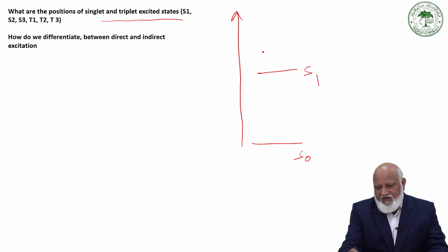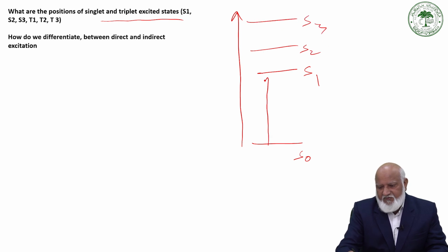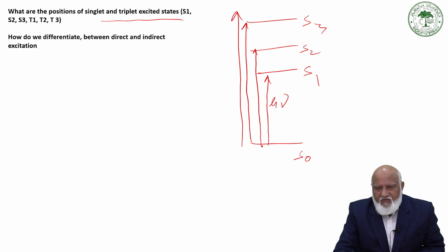The S1 state also can go to the S2 state, and also to the S3 state. On absorption of light, h nu, the molecule can go to S1. It can also go to S2, and this can also go on absorption of light to S3. So the molecule from ground state can go to either the S1 state or the S2 state.